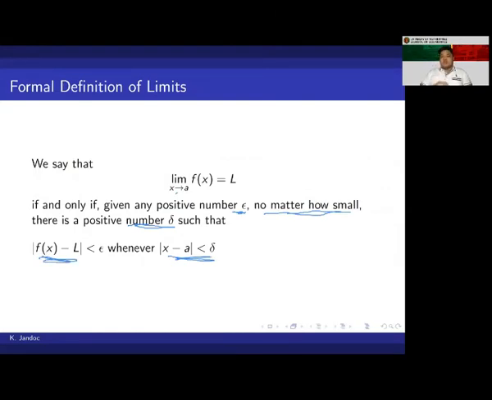So choose any epsilon, and there is always that delta, where the distance between x and a is less than delta, and the distance between f of x and L is less than epsilon. So that's the formal definition of a limit.